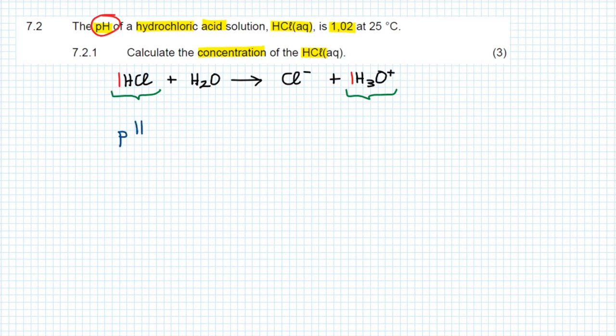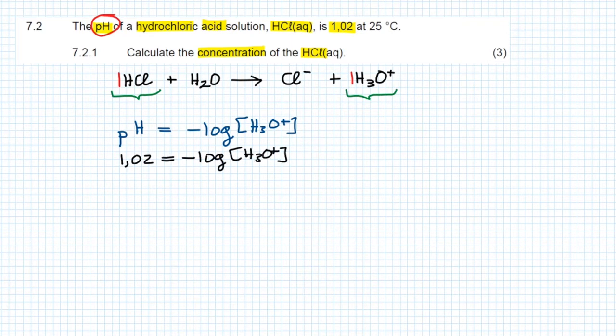We go to the formula sheet and we see pH is equal to negative log the concentration of H3O plus. We know that the pH is 1,02, so we substitute that value into the formula. Now, in order to solve for this concentration, step number 1 is to divide by the negative, so that we get negative 1,02 is equal to log H3O plus.